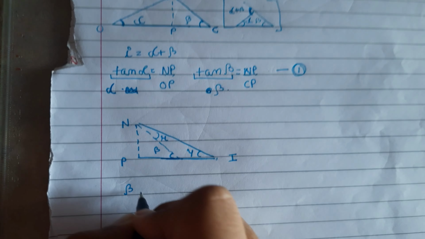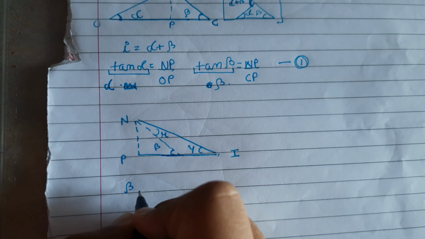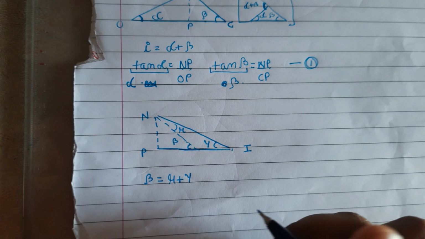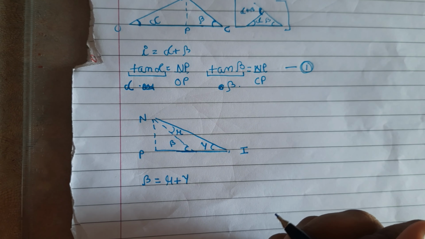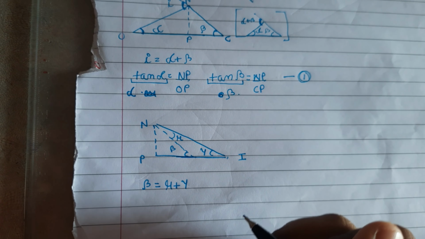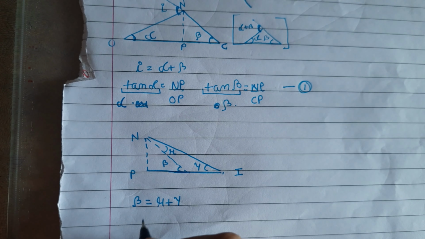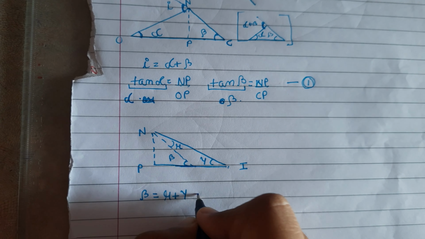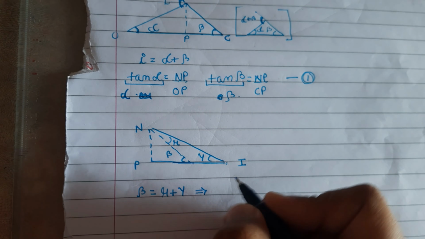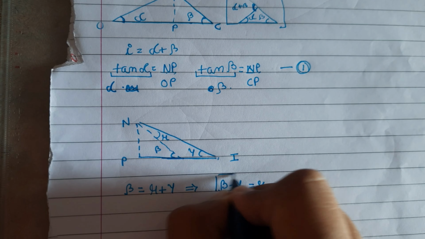So here also we make a relation that beta equals r plus gamma. Here r means the refracted angle. Clear? Now we can rewrite it as beta minus gamma equals r.